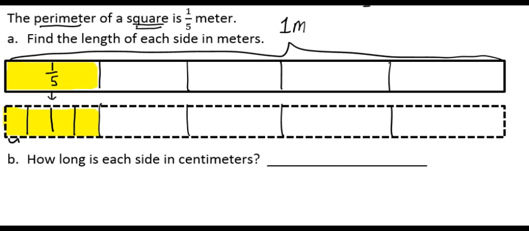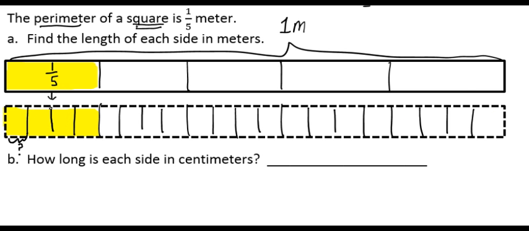But the question is, how big is each section compared to the full meter? To find that, I'm going to take the other fifths and divide those into 4 pieces. That will help me figure out how big each piece is compared to the whole.